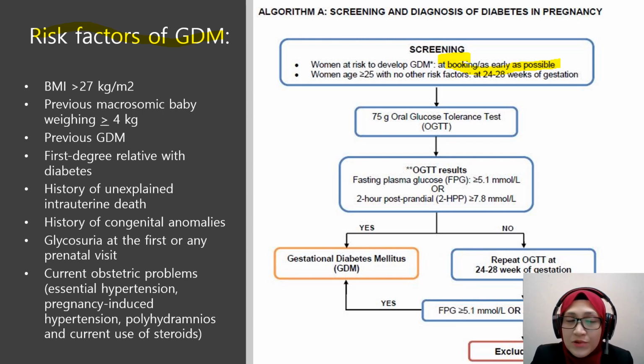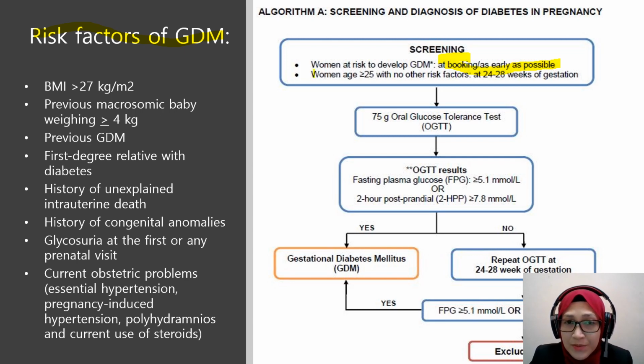Okay, booking is when they register their pregnancy at the klinik kesihatan or any private clinics. So they will be given a book for them to follow up every appointment. Okay, so they need to jot down the development of the pregnancy.